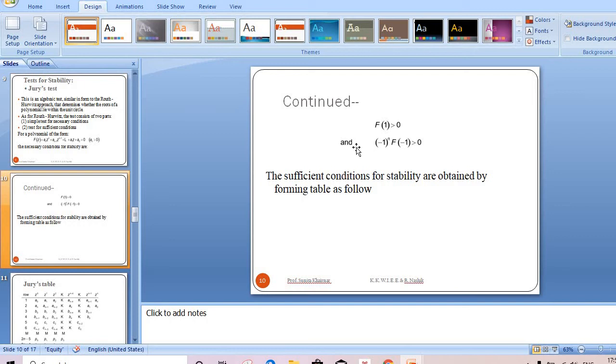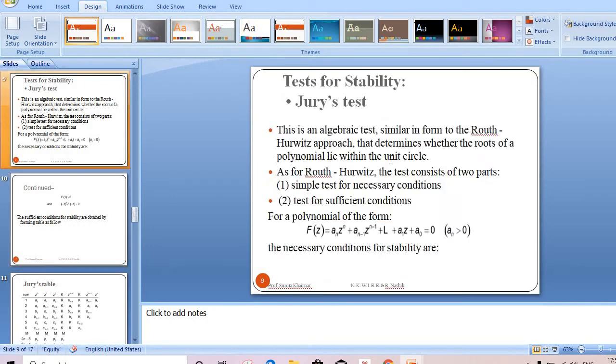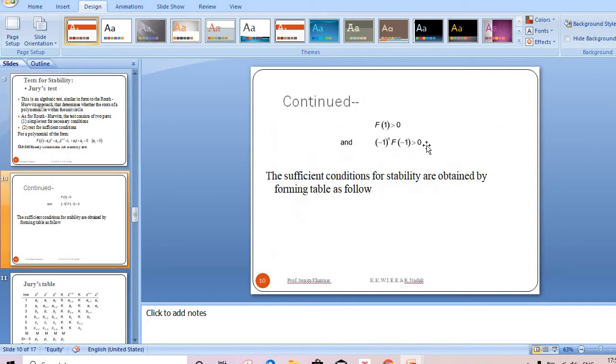And the second necessary condition is that minus 1 raised to n into f of minus 1 should be greater than 0. So what is this f of 1? We put the value of z as 1, and when you get the final value, it should be positive, that means greater than 0. Similarly, this is the second condition.